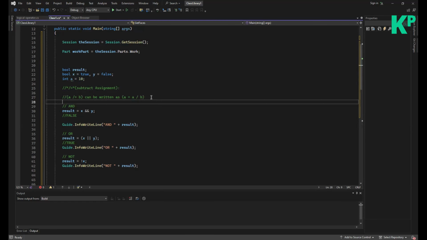The result is going to be the same. Only the way we are writing it is different. If we use it like this, it becomes an arithmetic operator, but if we write the same formula like this, it becomes an assignment operator. The same goes for the modulus assignment operator as well.